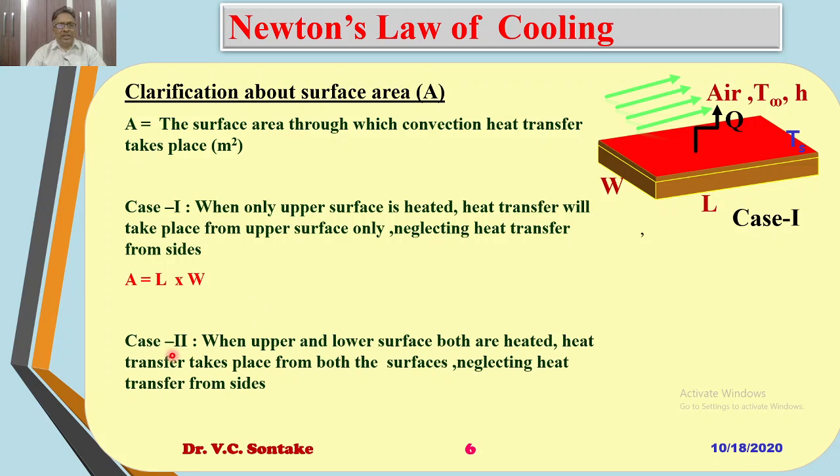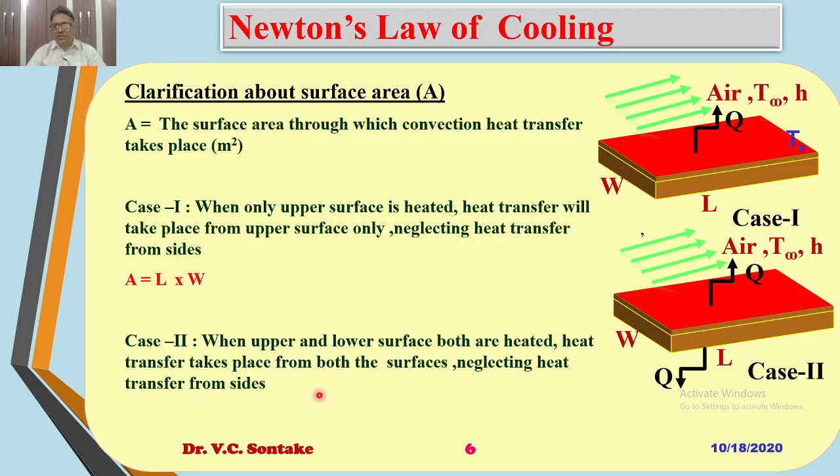Now let us consider case 2, where both the upper and lower surfaces are heated. Heat transfer will take place from both surfaces to the surrounding fluid, neglecting heat transfer from the sides. To elaborate this case 2, the plate is considered whose top and bottom surfaces are both heated, so heat transfer will take place from both sides.